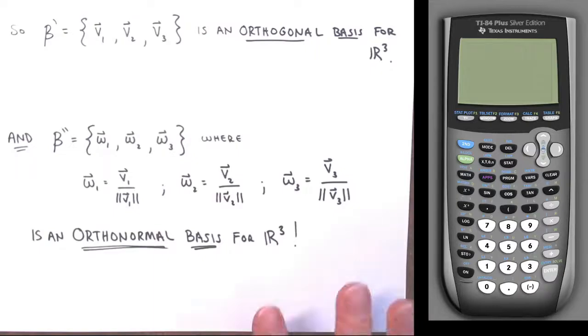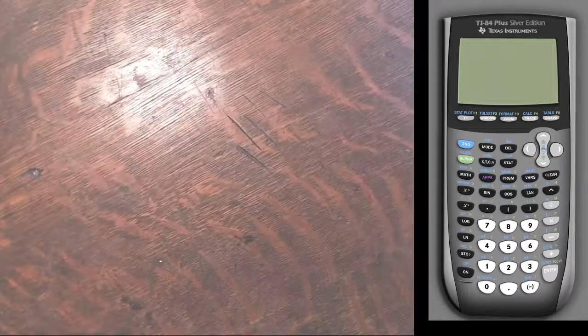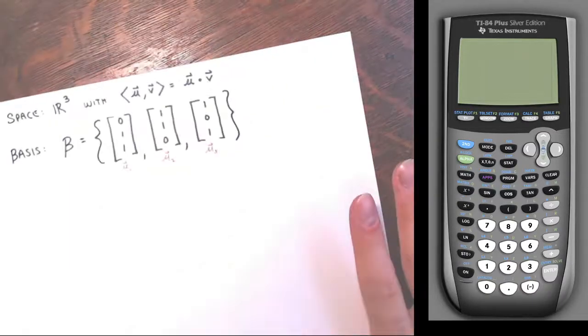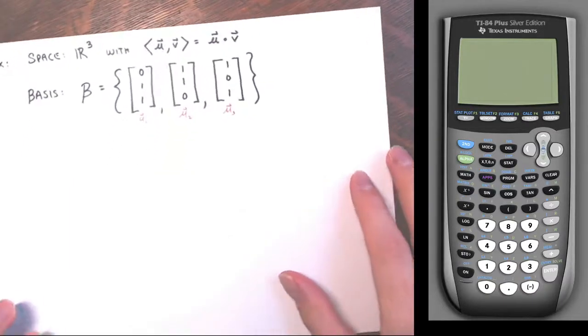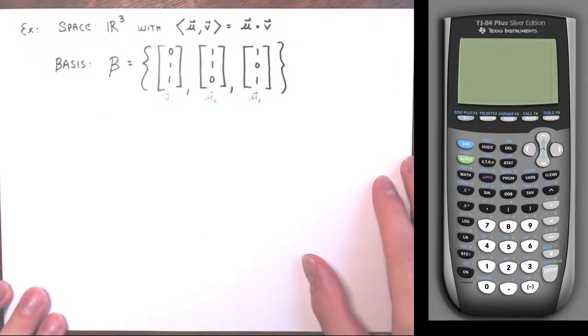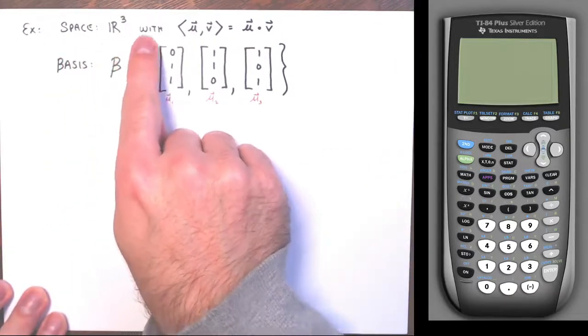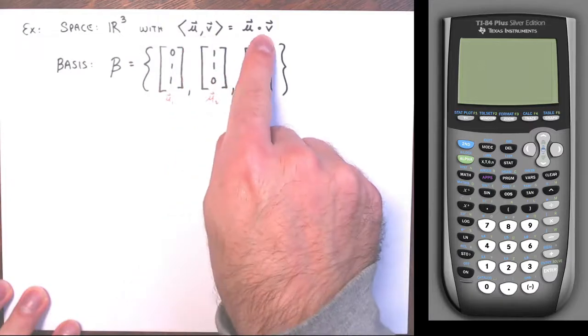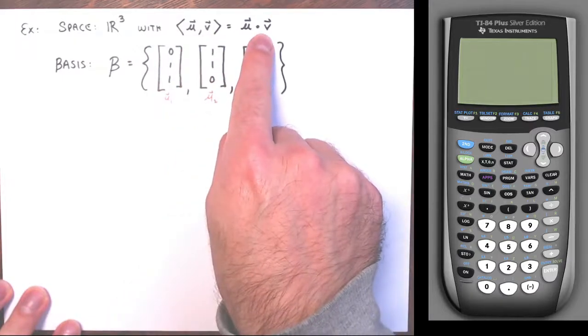All right, so let's practice this. Let me do an example of this with a basis of vectors from R3, where the inner product is again the dot product. So the space is R3 with the inner product being the dot product, as I said.